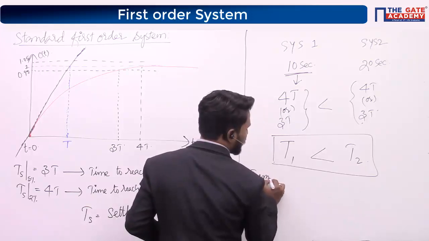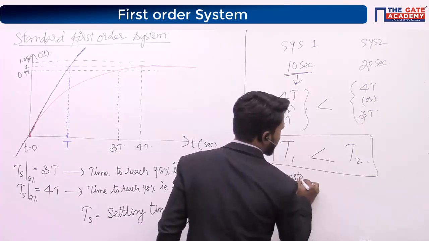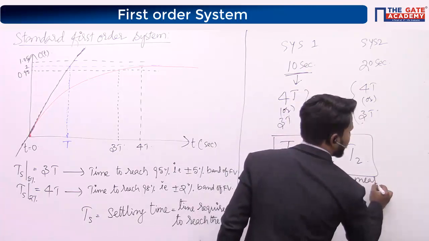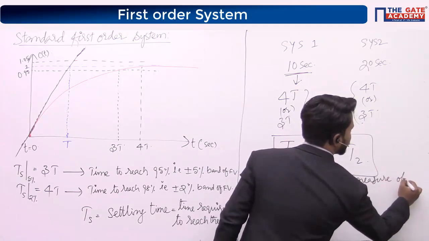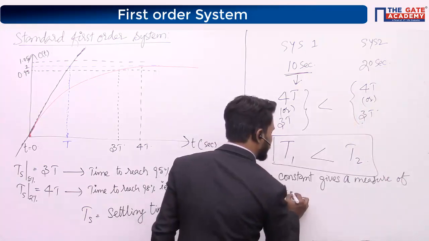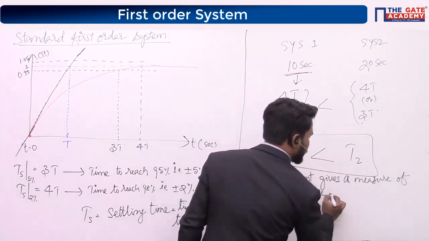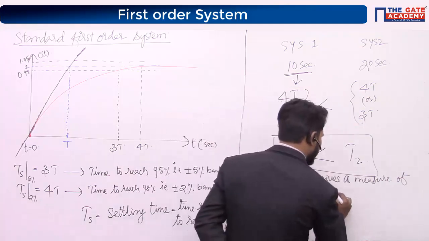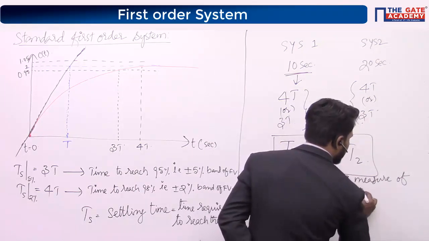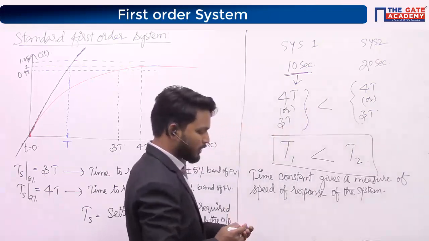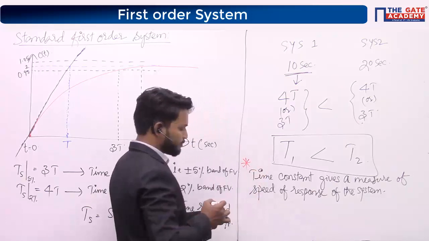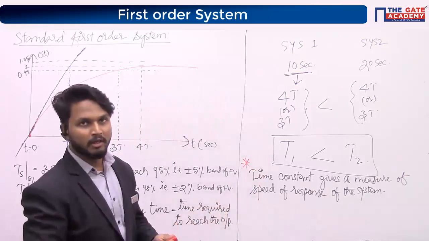So time constant gives a measure of speed of response of the system. Take this point, this is very important. Time constant gives what? It gives a measure of speed of response of the system, right?